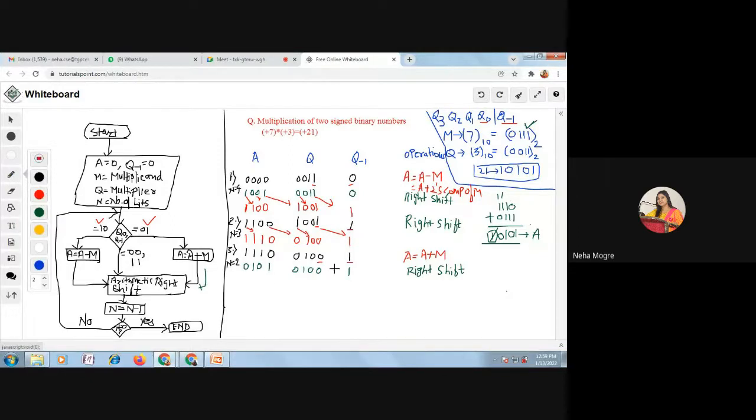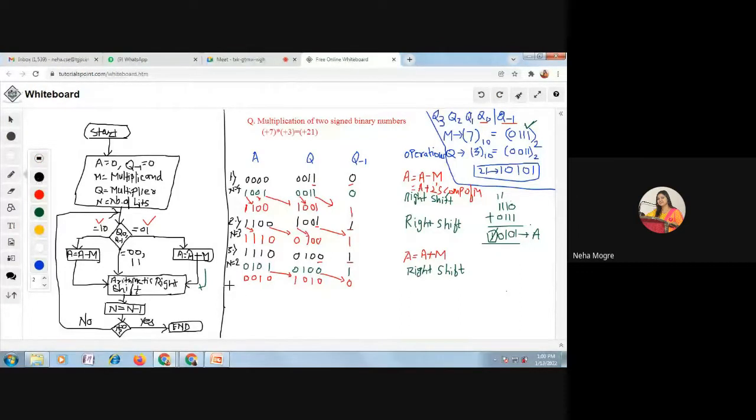When we perform the right shift, here it will be 0, again 0, 1, 0. Now this 1 will be placed in this position, here it will be 0, again 1, 0 and 0. Am I okay with this? Yes, ma'am.